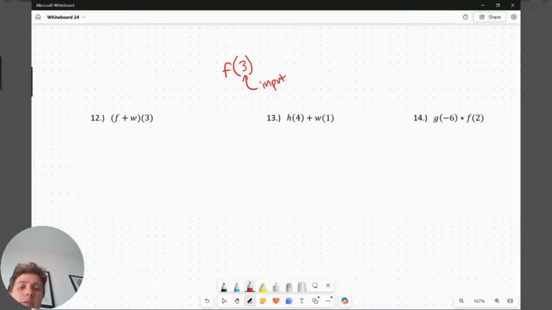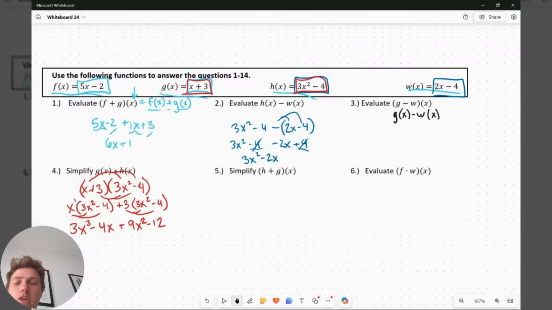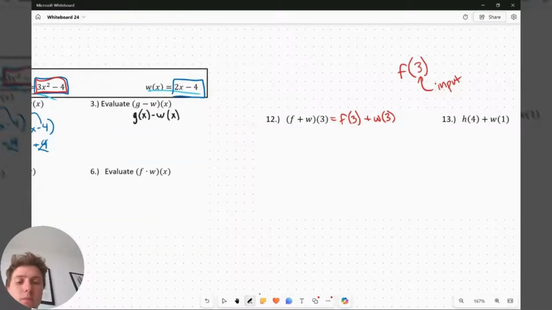Whenever we have multiple functions, though, we're still doing that same idea. For example, on number 12, this 3 at the end is telling me to input 3 into f and input 3 into w. So I could take those two equations. Our f equation is 5x minus 2.